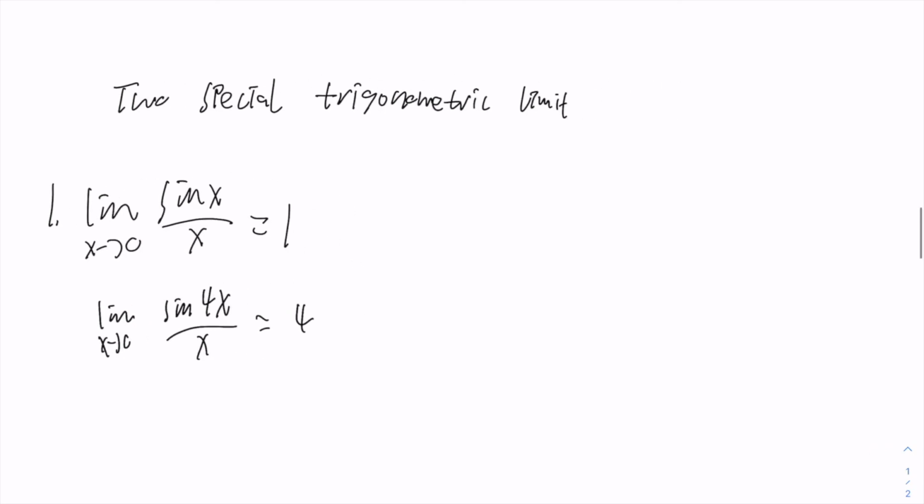And the second special trigonometric limit is the limit of 1 minus cosine x over x when x approaches 0, which is going to equal 0. Again, you don't really need to know how this answer is derived. I'll tell you how to do this later when you learn derivatives using L'Hopital's rule.